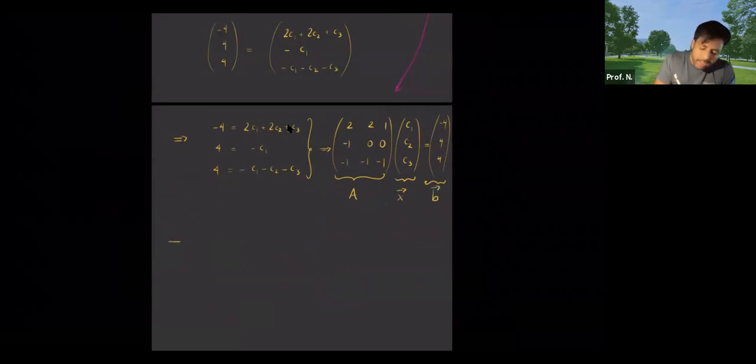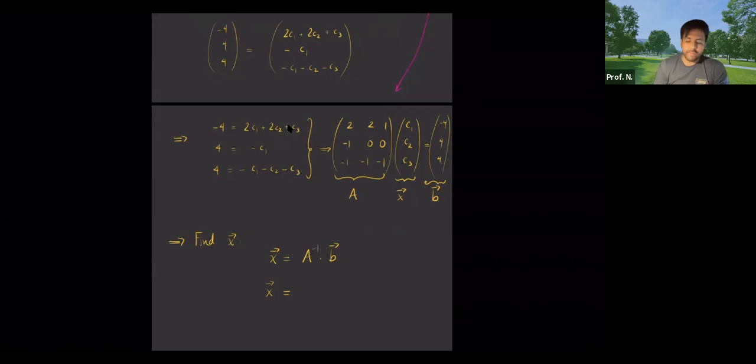So how do I find X? This is something that you had in your exam as well. Well, X is equal to the inverse of A multiplied by the column vector B. Now at this point, it's okay to use your calculator, because we get the point that we need to find the inverse of A and multiply it by the column vector B. So I'll do that on the calculator.